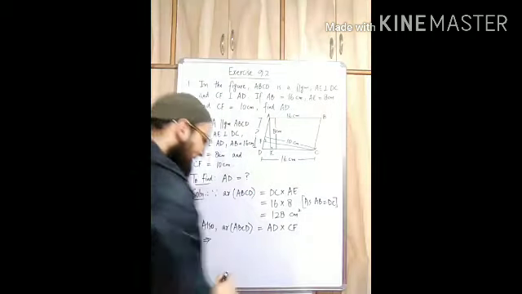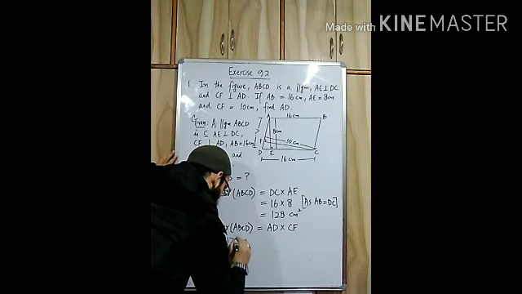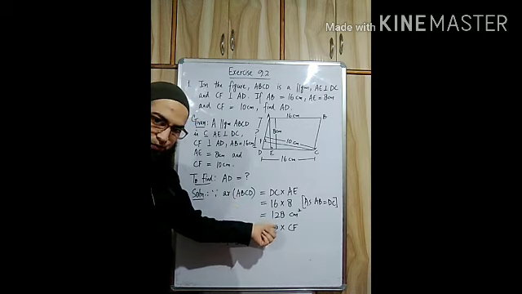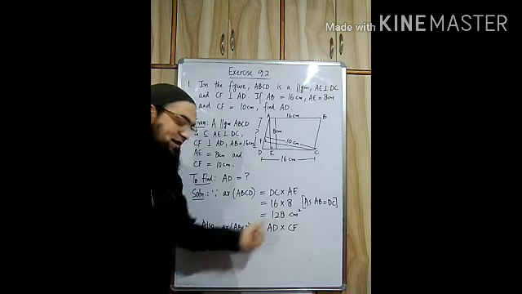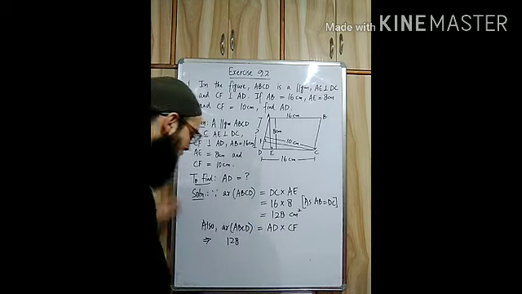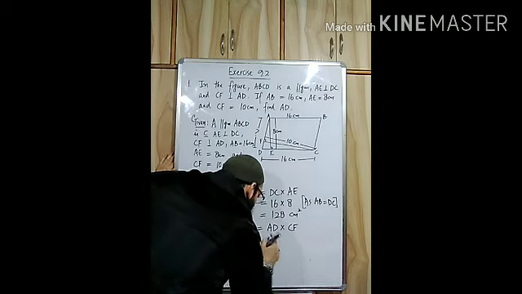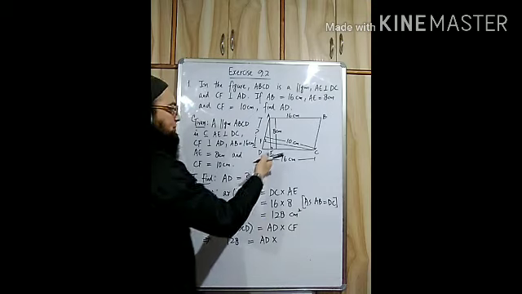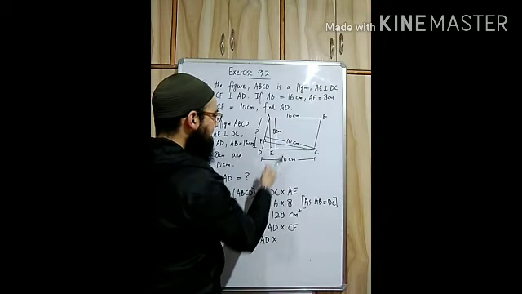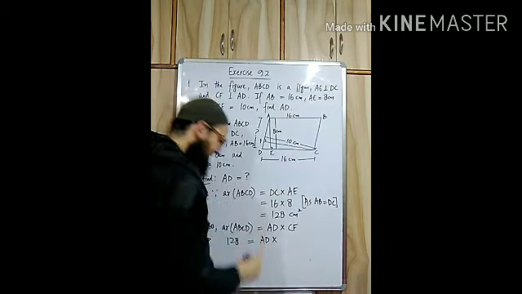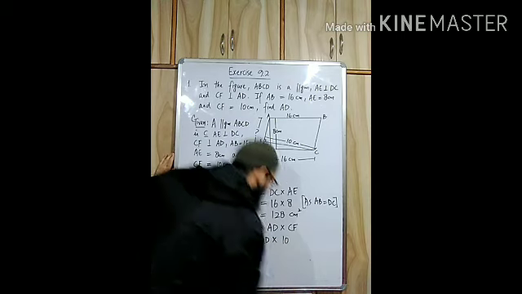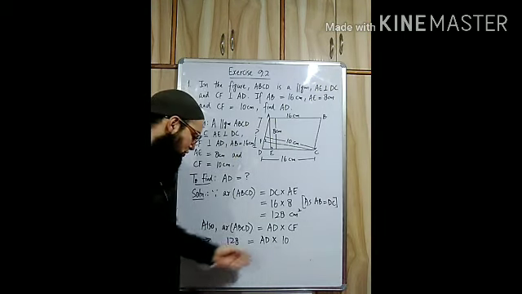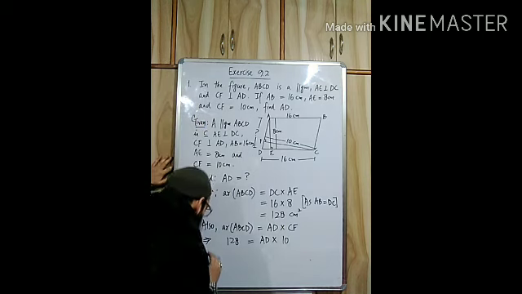It's 128. So I write 128 as area of ABCD because we just found that area of ABCD is equal to 128 square centimeter. Is equal to AD times CF. We know CF is 10 centimeter. So I write 10.